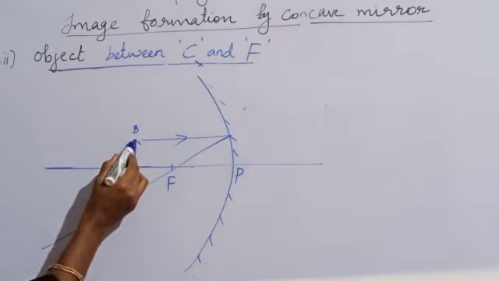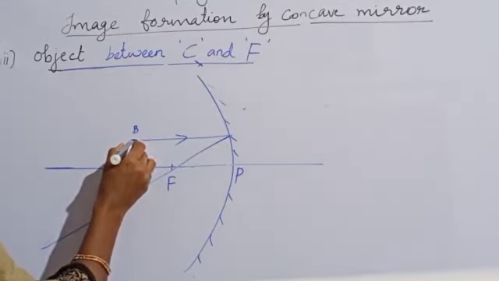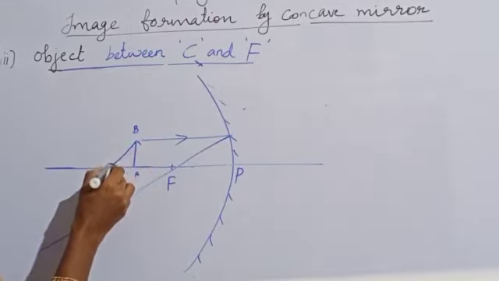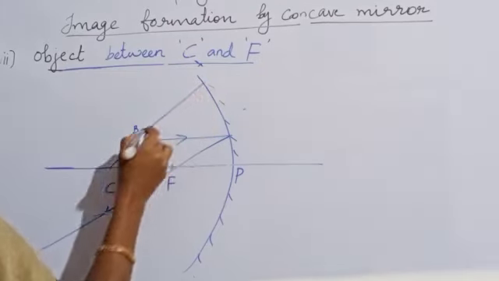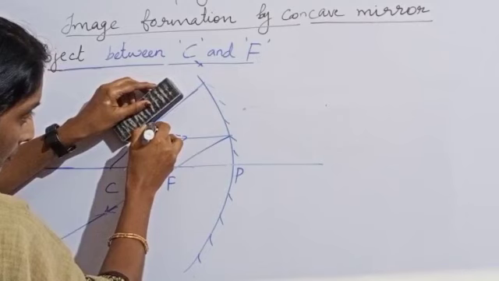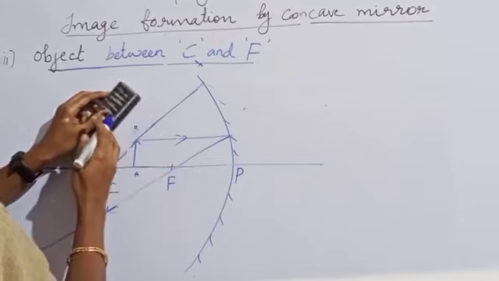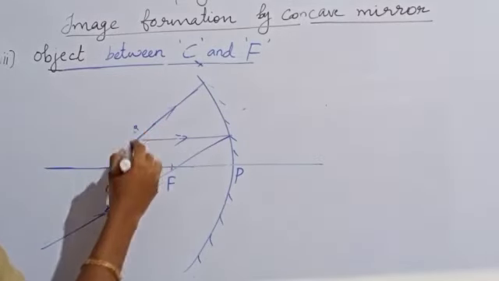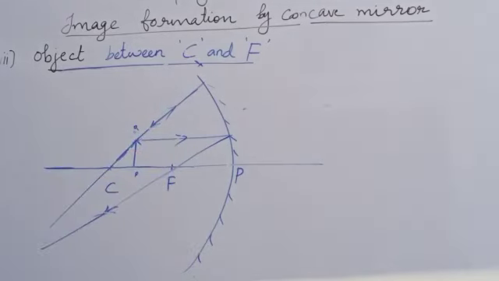You can use the second one, a ray passing through F, which after reflection emerges parallel to the principal axis, or we can use the light ray which is passing through C. After reflection it will come back through the same path. So it will pass through C and then they are joining at a point beyond C.